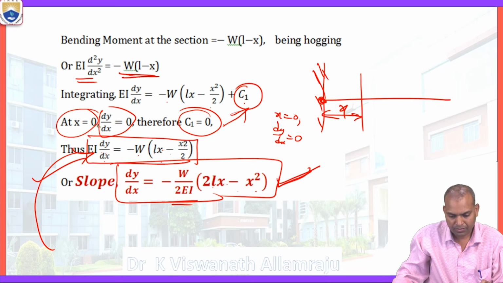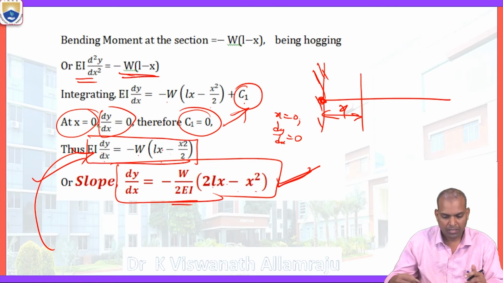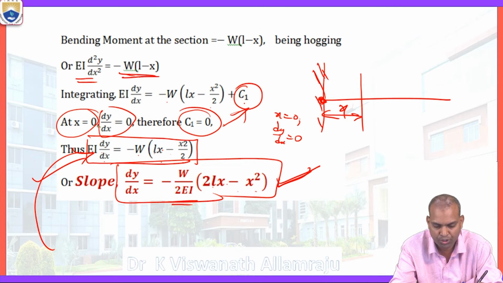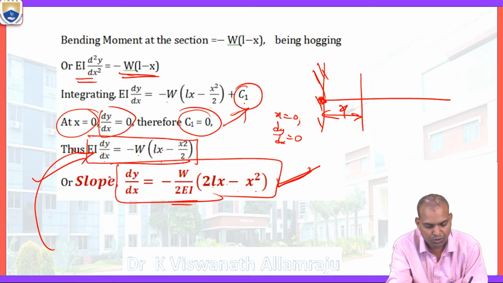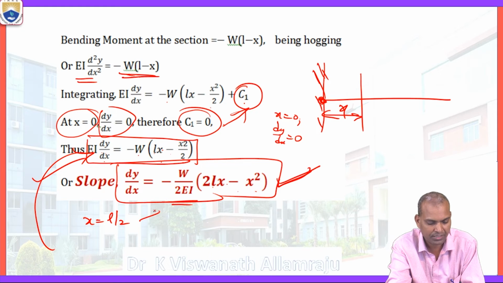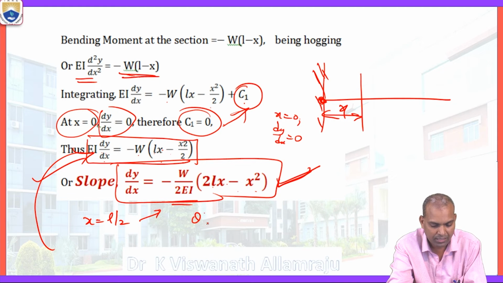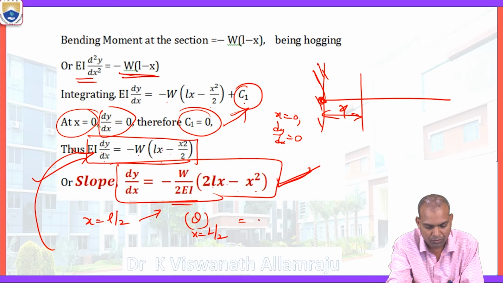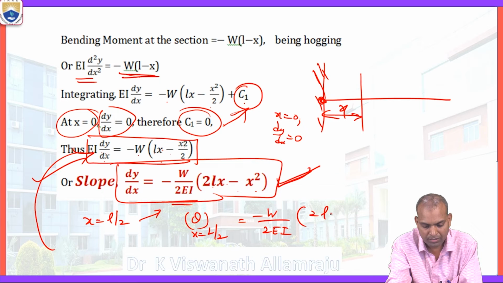Now, slope and deflections of various points. So, if x equal to L by 2, if you substitute in this equation, the slope comes, that is theta at a distance of L by 2, equal to minus W by 2EI times 2L into L by 2 minus L square by 4.